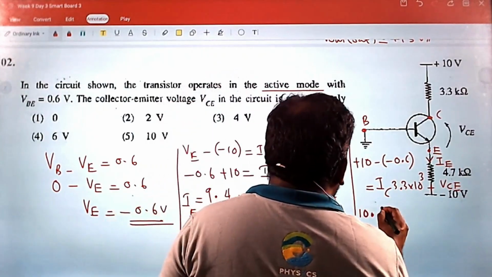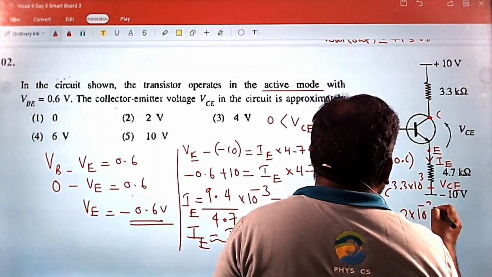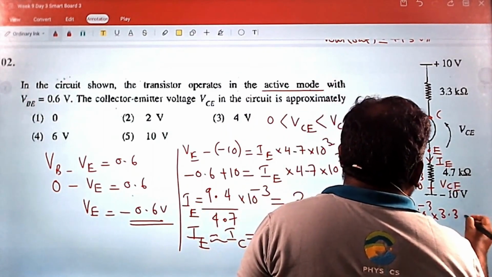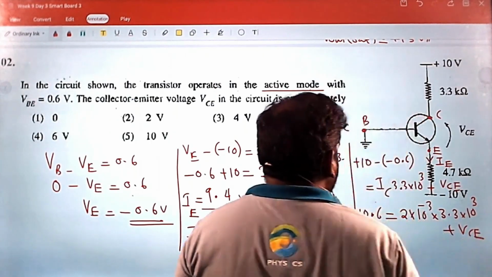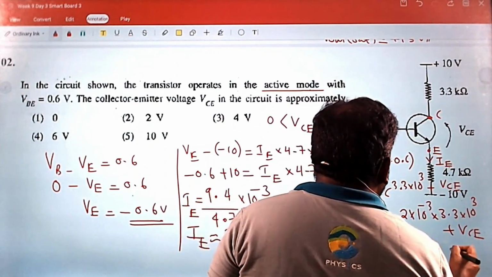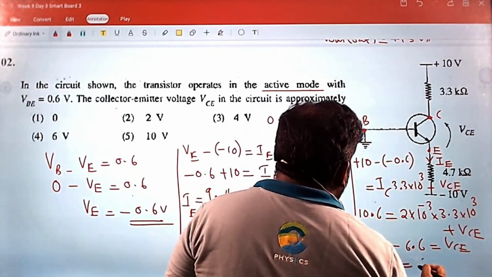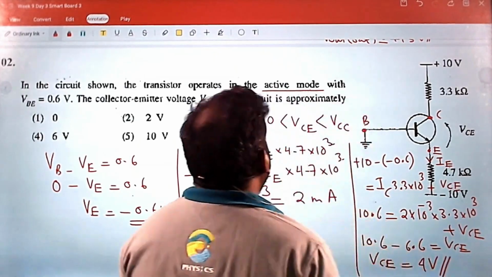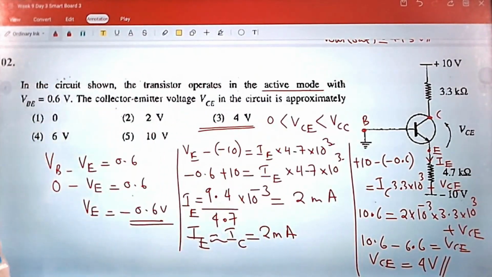So 10.6, IC is 2 milliamperes, 3.3 times 10 to the power 3, plus VCE. 10.6 minus 6.6 is VCE. VCE is equal to 4 volts. The answer is answer number 3.